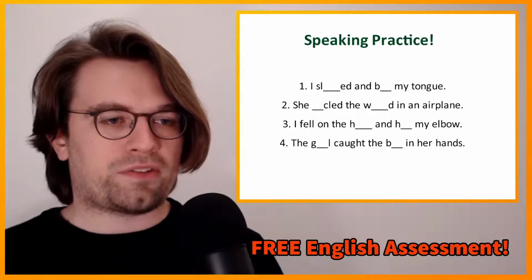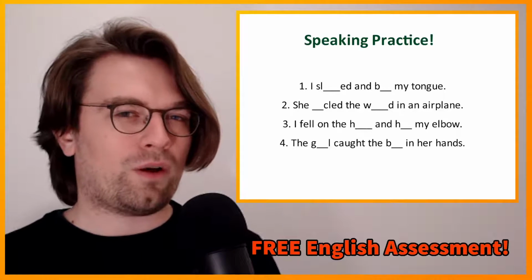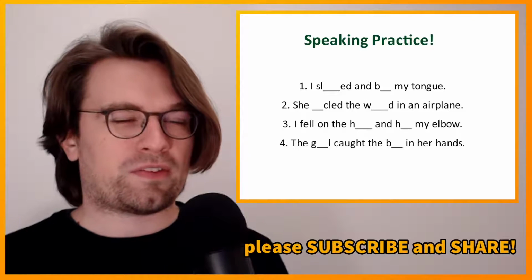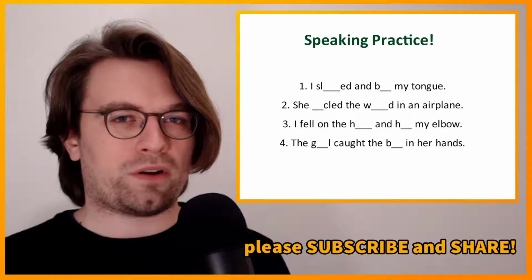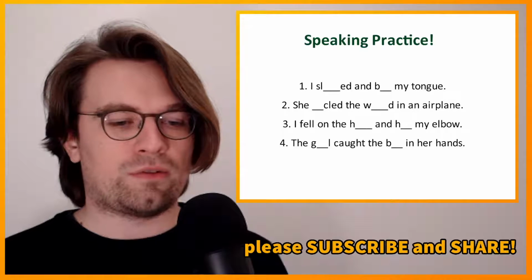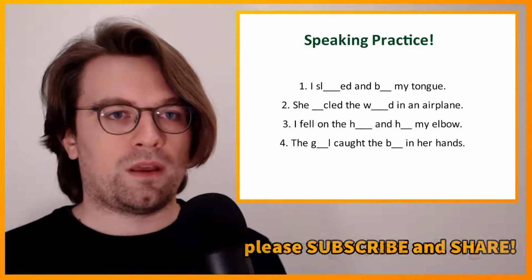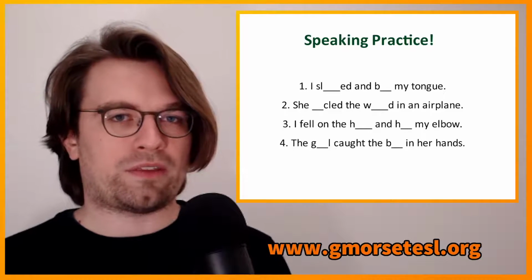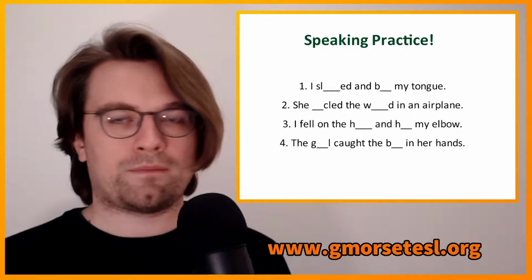So here is our speaking practice. Remember that all of these words are the ones you just practiced, so take a second and try to figure out what are the words that are missing, and try and think about the sounds that you need to use to pronounce them. So let's start with number 1. What is the answer for number 1?